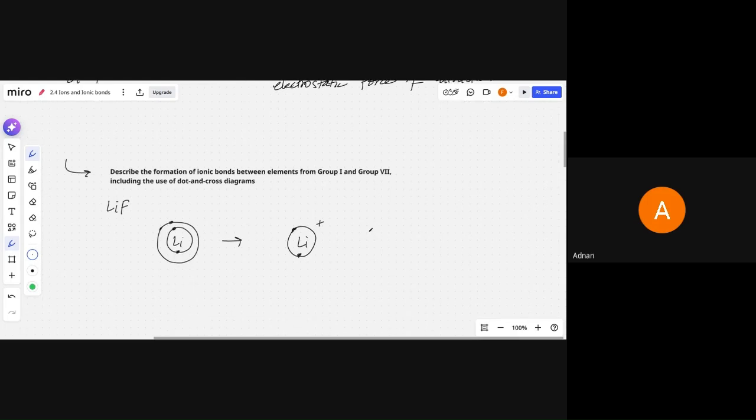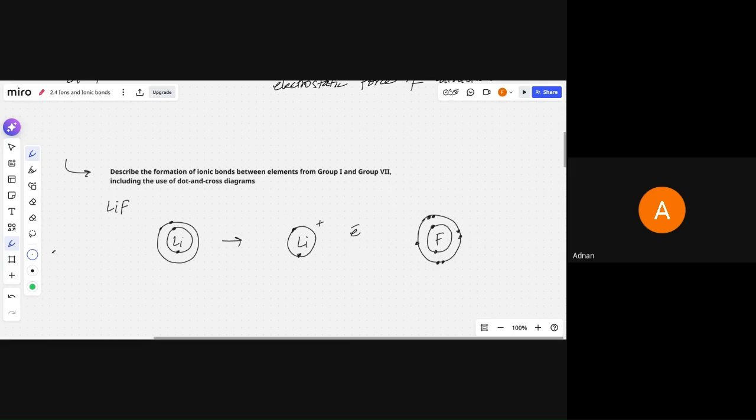Now that lithium has lost this electron, if we look at the structure of fluorine, it has two electrons in the first shell and seven electrons in the second, because its atomic number is 9. So 2 plus 7, 9. So 1, 2, 3, 4, 5, 6, and 7, right?